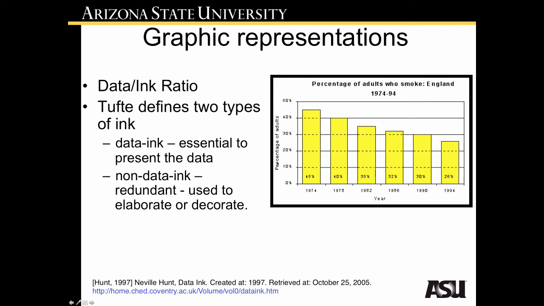You could potentially get rid of this label over here about percentage of adults. These are clearly years, so you could probably get rid of this thing that says year. You probably don't need the fact that it says 45% here, since it's obviously 45% when you look up here. You probably don't need these lines going across and so forth.